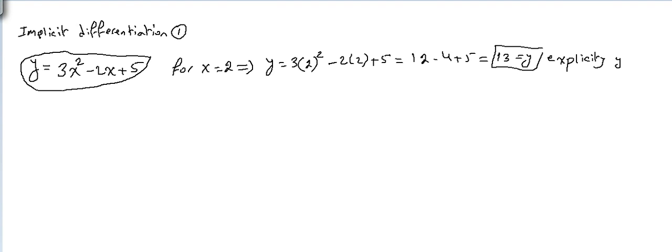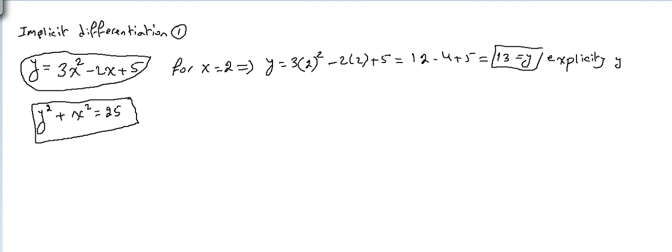So, if we have, for example, another equation that relates x and y, for example, y squared plus x squared equal 25. This equation, we call it an implicit equation.